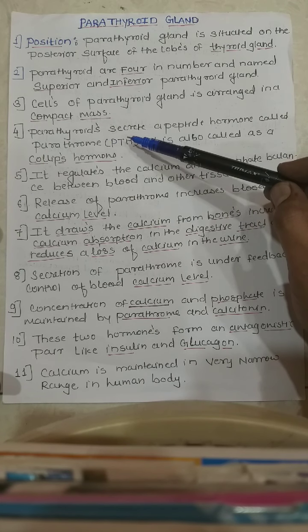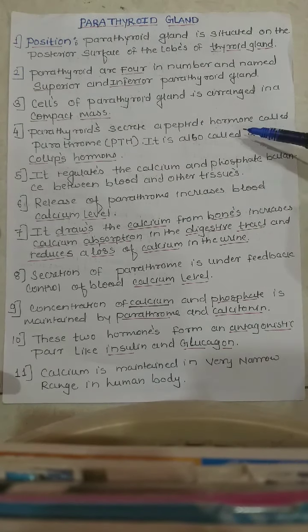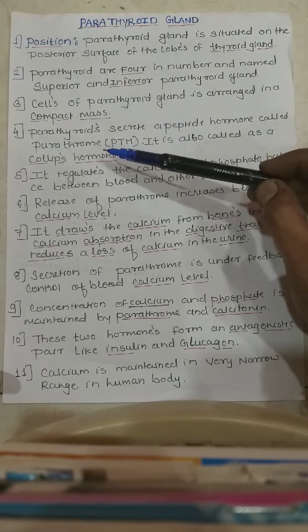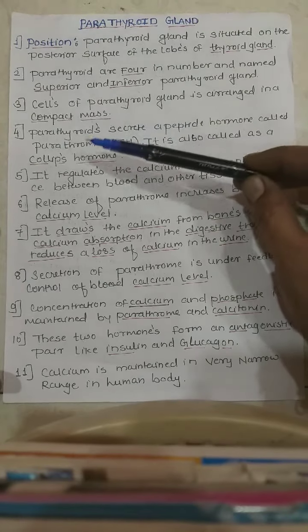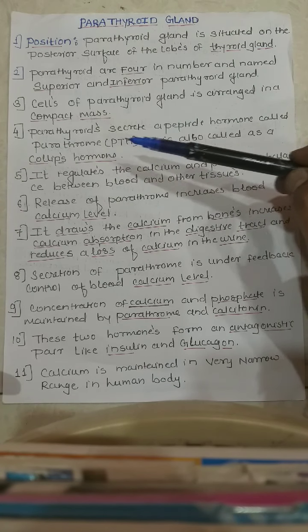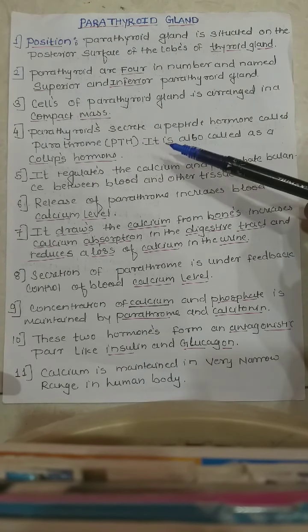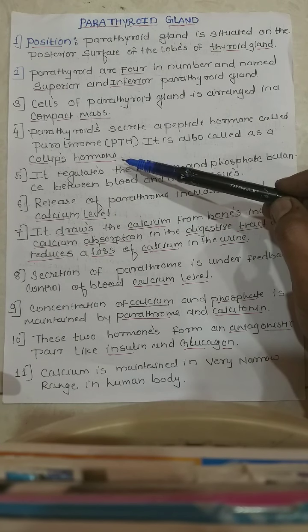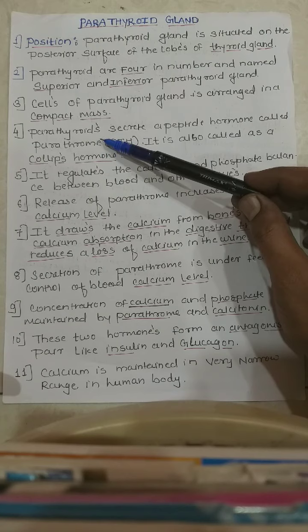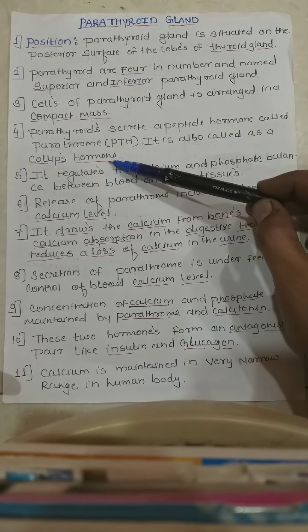Parathyroids secrete a peptide hormone called parathormone, or PTH. It is also called Collip's hormone.